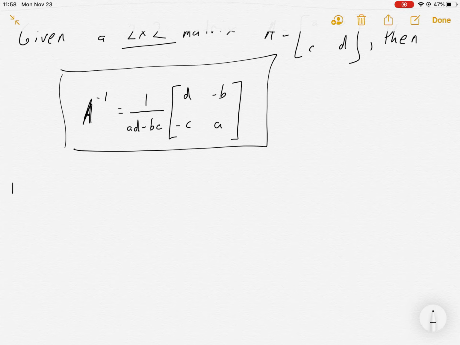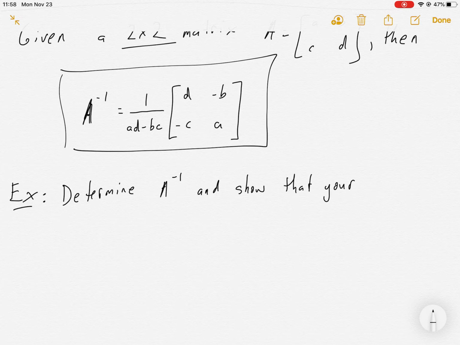So let's go ahead and do an example. Let's determine A inverse and show that your answer is actually the inverse.